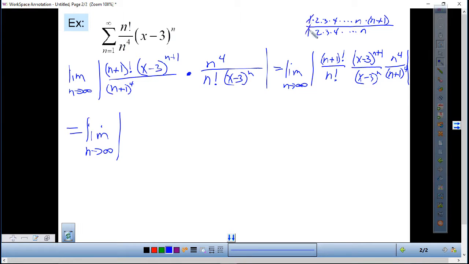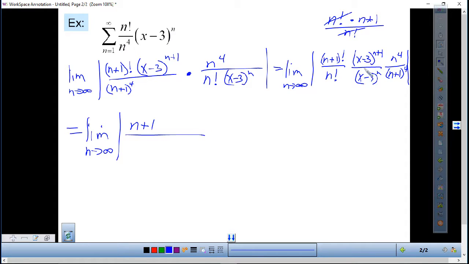So this cancels with that, and that, etc. Another way you can think about it is that n plus 1 factorial is n factorial times one more term of n plus 1. And over n factorial, these cancel out, so you're only left with an n plus 1 on top.